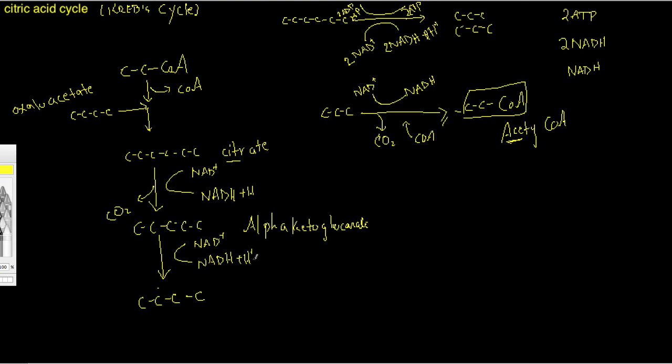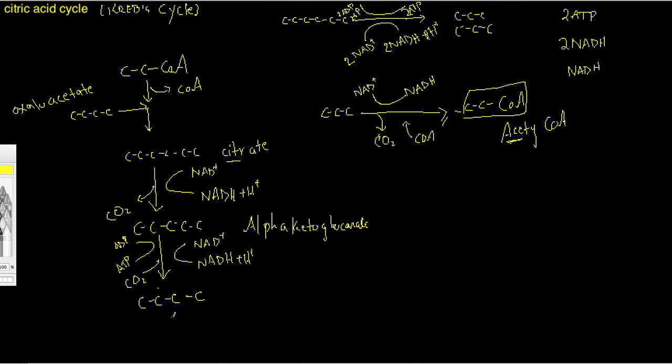By proton I just simply mean a hydrogen atom with just one proton in it, so it's basically a proton. And carbon dioxide is also released, and in this process we are able to generate one ATP from an ADP. So this here is an ADP and we generate an ATP.